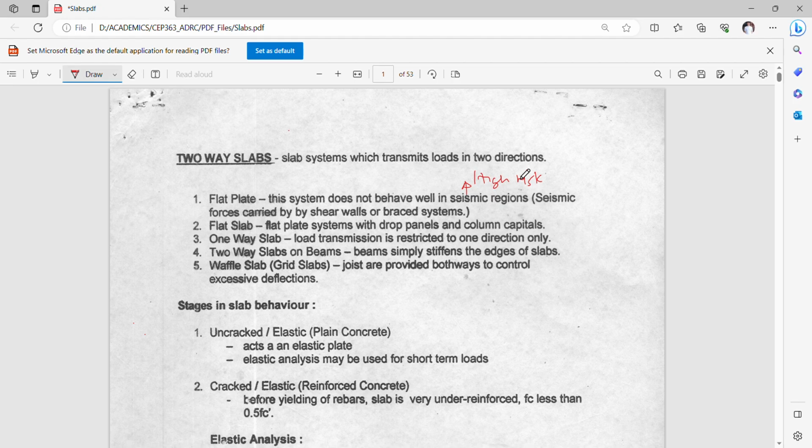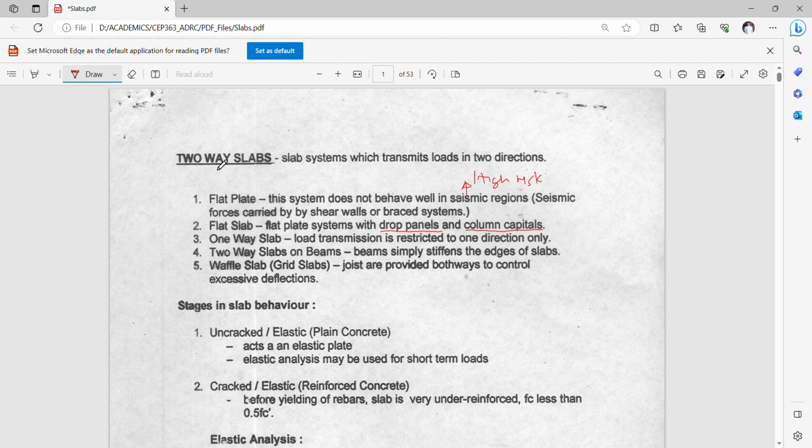While the flat slab system is basically the same as the flat plate system, the only difference is that in the flat slab system, we are now considering some inclusion of drop panels and column capitals to increase the resistance to punching shear.